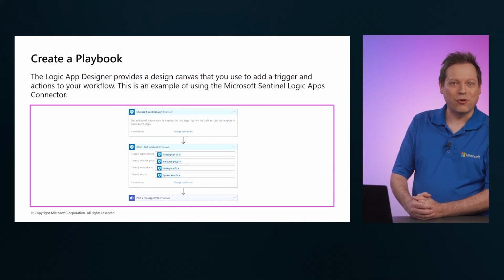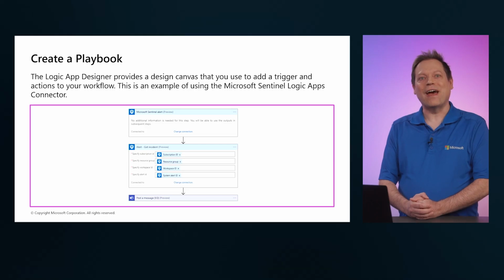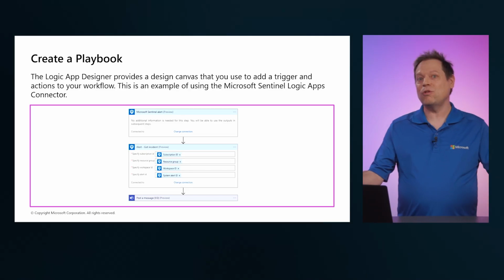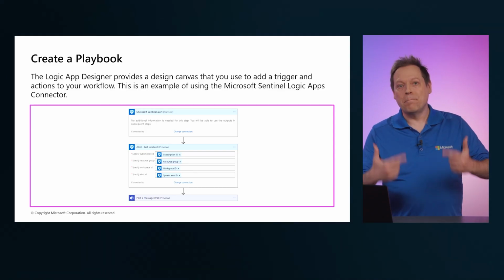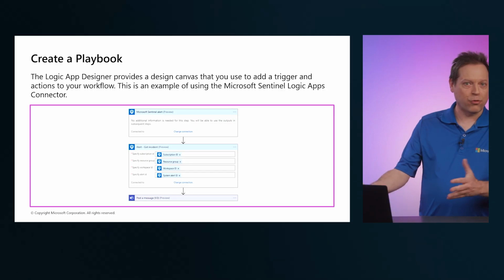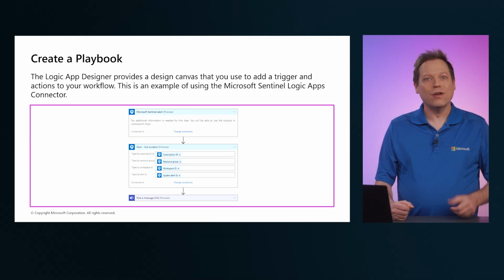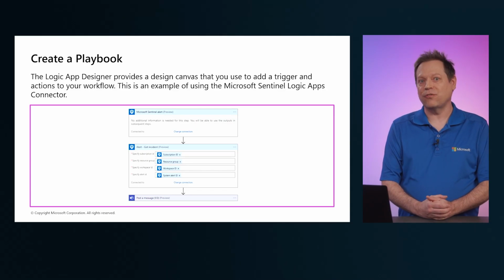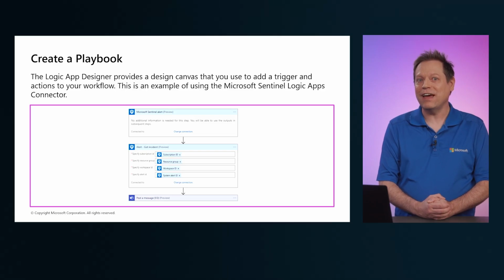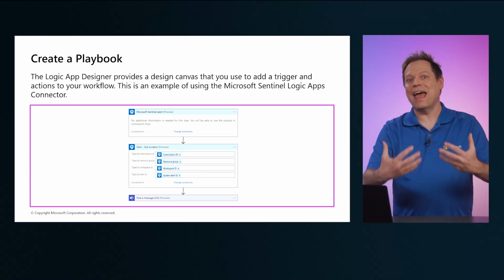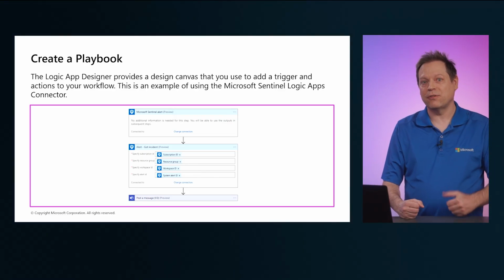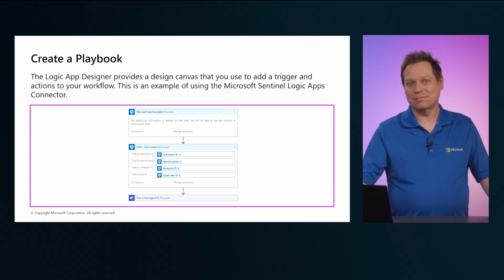When it's time to build a playbook, you do that in the Logic App Designer. The designer gives you a visual canvas where you build a trigger first and then build out the workflow with one or more actions. This is where the Microsoft Sentinel Logic Apps connector becomes practical, letting your workflow receive Sentinel signals and then execute response steps automatically.